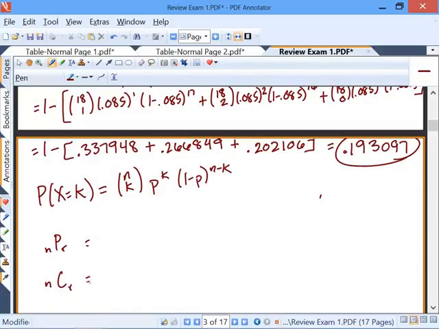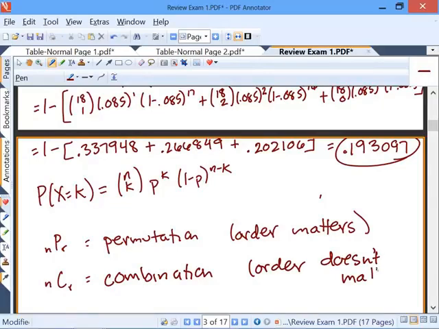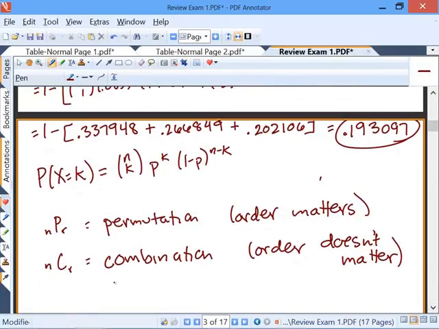So we use this if we have a permutation, which is when order matters, and we use this one if we have a combination, which is when order doesn't matter. This is in section 1.7.